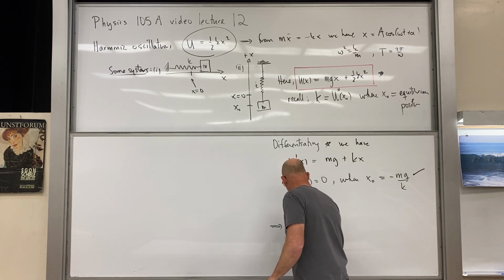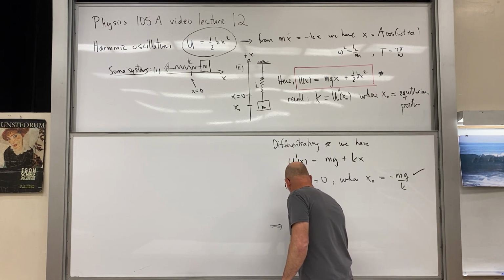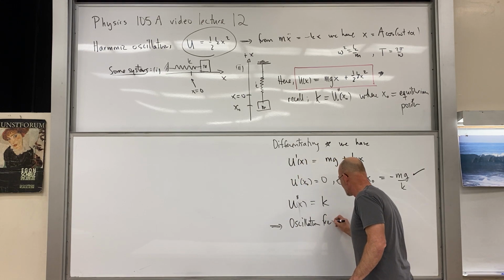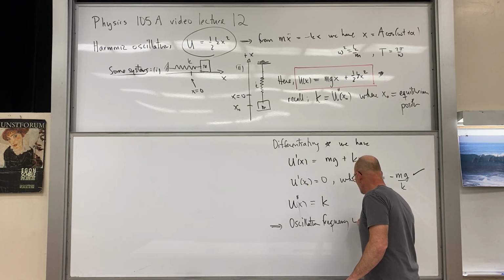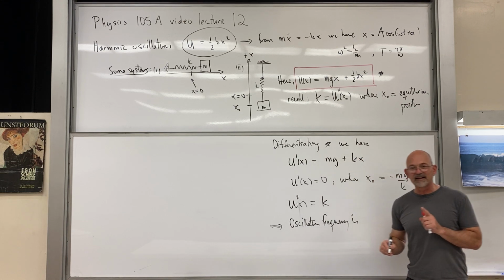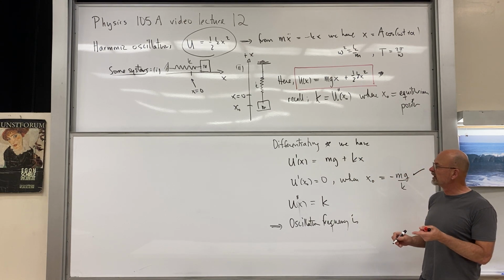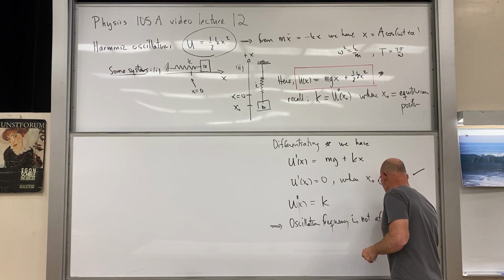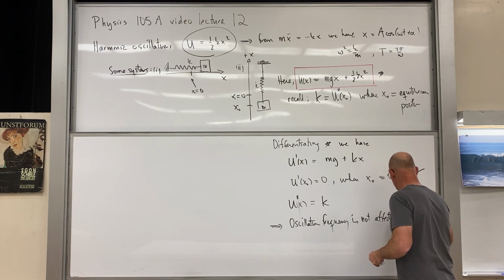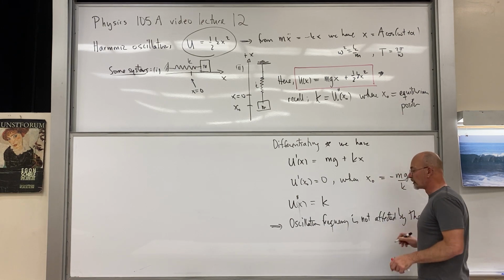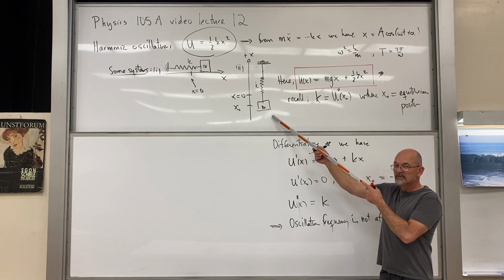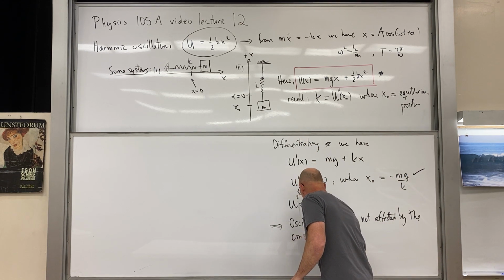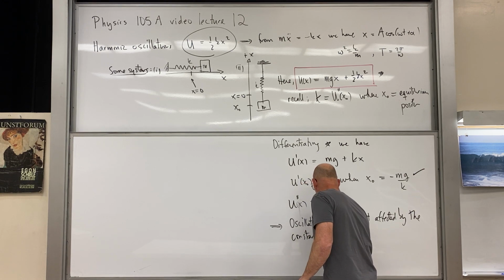So this is the lesson here. The oscillation frequency is left unaffected by a constant field, by a constant force. So it's not affected by the constant force, and that's exactly what that is. The weight is a constant force.